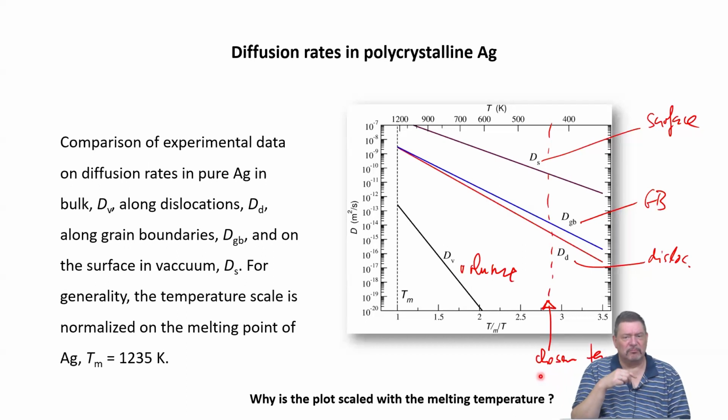Because as I told you, 0.5 of the melting temperature, so a homologous temperature of T divided by Tm equals 0.5, would be the homologous temperature where we see that the diffusive processes become recognizable. And the same is true for recrystallization, for dislocation motion and annihilation. All of these happen with very different materials at similar homologous temperatures, even though the absolute temperatures can be quite different. Think about taking tungsten and taking indium or tin, right?